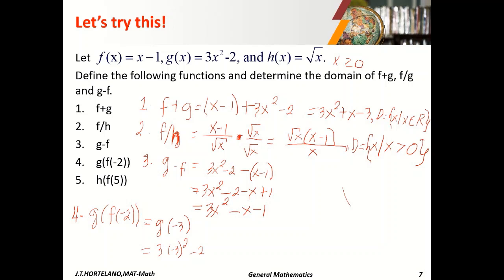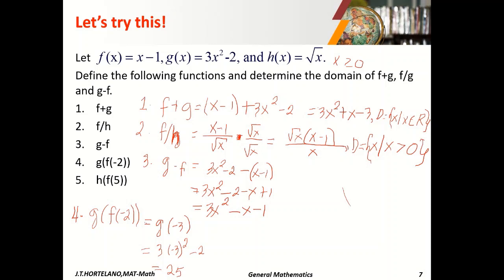Wait. Tama. Sorry. Negative 3 squared is 9 times 3, 27. Minus 2 is 25. Therefore, g of f of negative 2 is equal to 25.